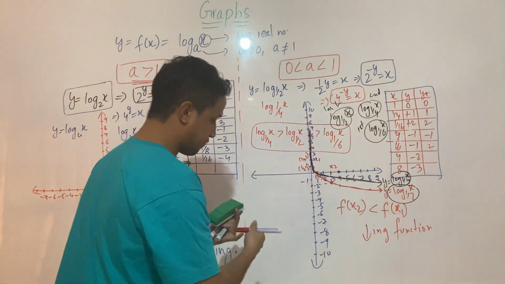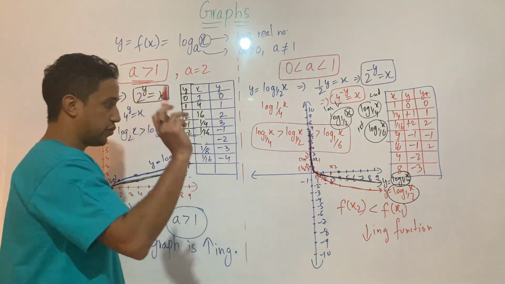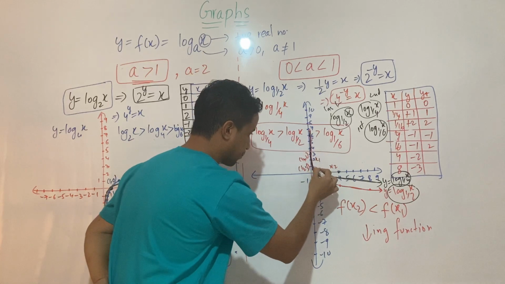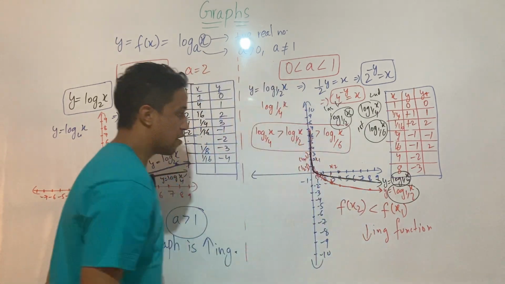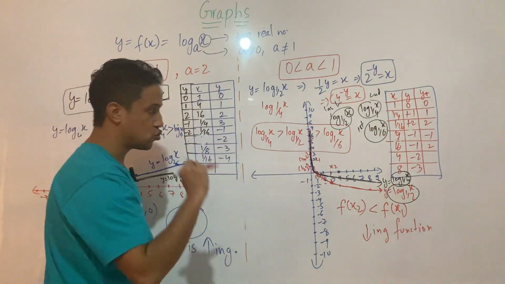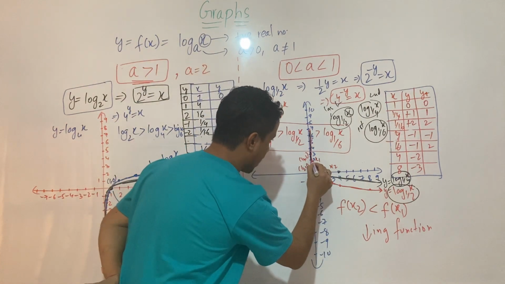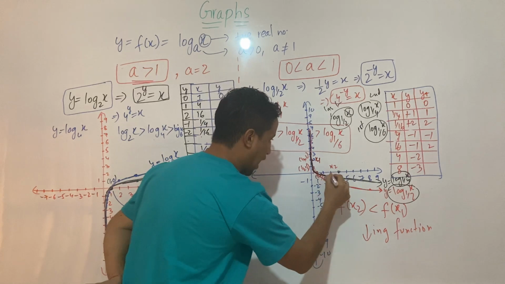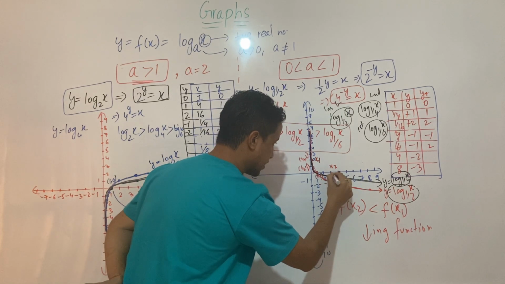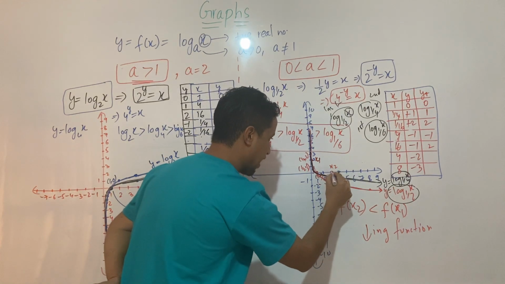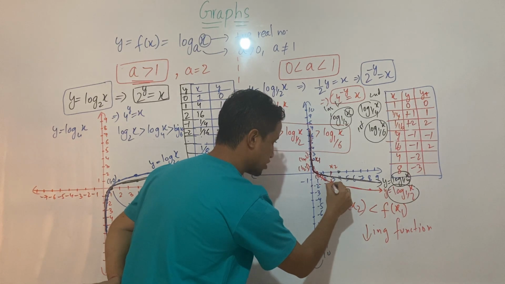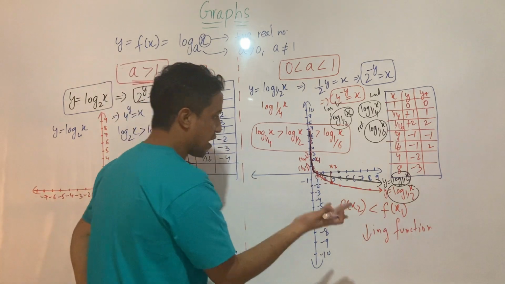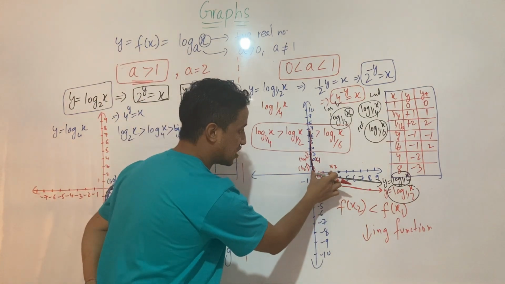Why? Because if you pick any 2 points on the graph, for example, just go for this red line curve, you pick any 2 points. Here I picked this point, named x1, and here I have picked 1 point, named x2.